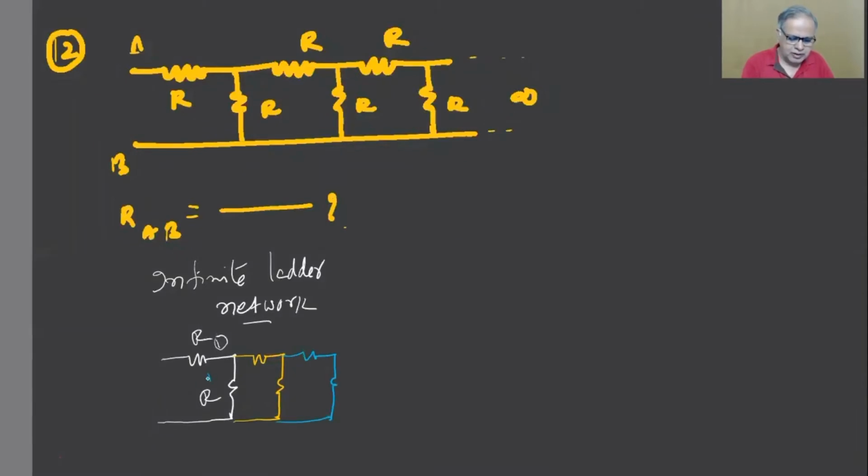So 1, 2, 3, like that it is going up to infinity. So you add something to infinity, it remains infinity. You remove something from infinity, it remains infinity. Infinity is not defined. So adding something and removing something doesn't really make any difference for the situation.